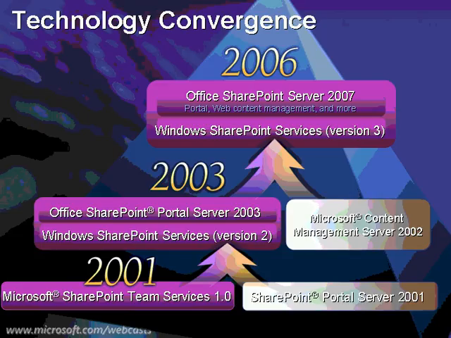So we took that feedback and we stepped back and said, let's figure out where this is going. And what we decided to do was develop essentially a platform for building composite apps or business productivity apps. So now the evolution of Office SharePoint Portal Server 2003 and the evolution of CMS 2002 is Office SharePoint Server 2007. So people looking for the next version of CMS 2002, it's Office SharePoint Server 2007.